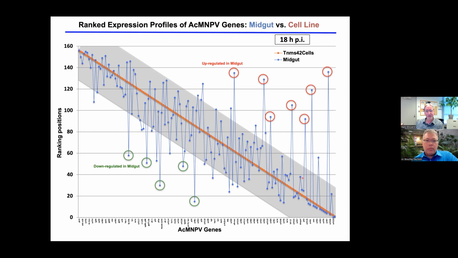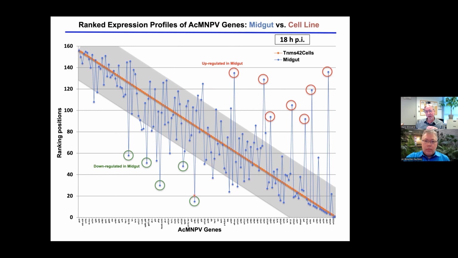The gray area is the noise level we consider, and those that are far outside this are dramatically different in their regulation in the midgut compared to the secondary phase of infection. This shows 12 highlighted here: 7 that are dramatically upregulated in the midgut, and 5 that are dramatically downregulated in the midgut.